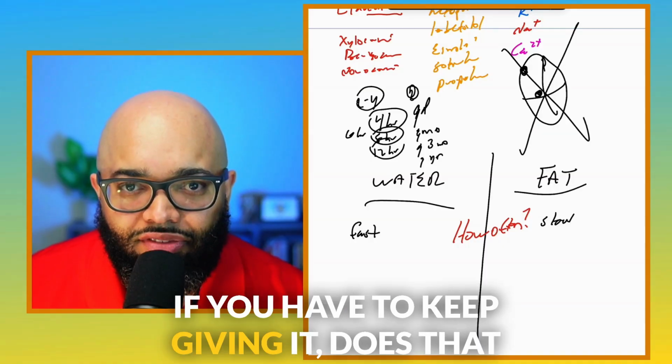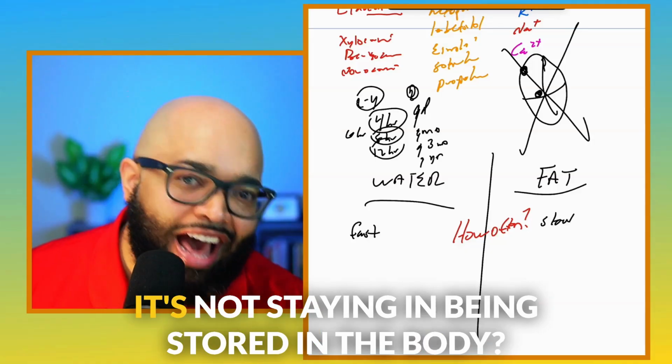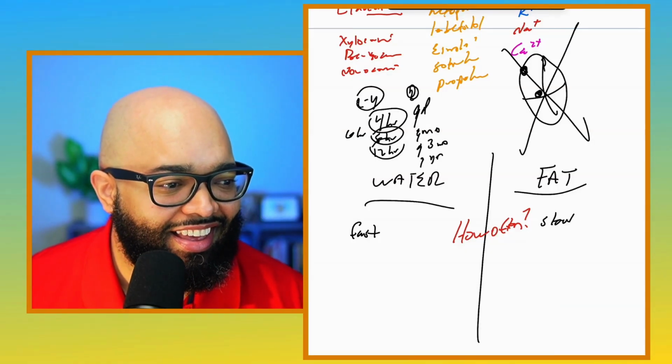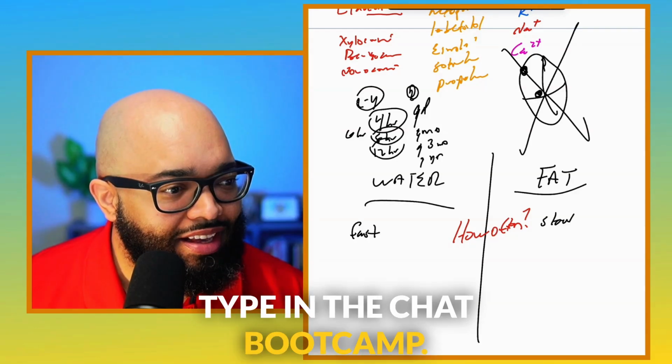If you have to keep giving it, does that mean that it's staying around in the body, or it's not staying and being stored in the body? Type in the chat, boot camp. Say it again.